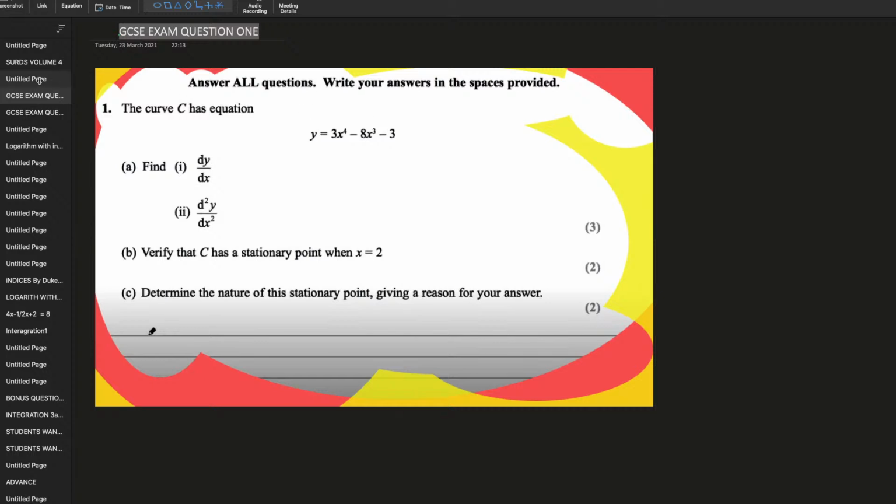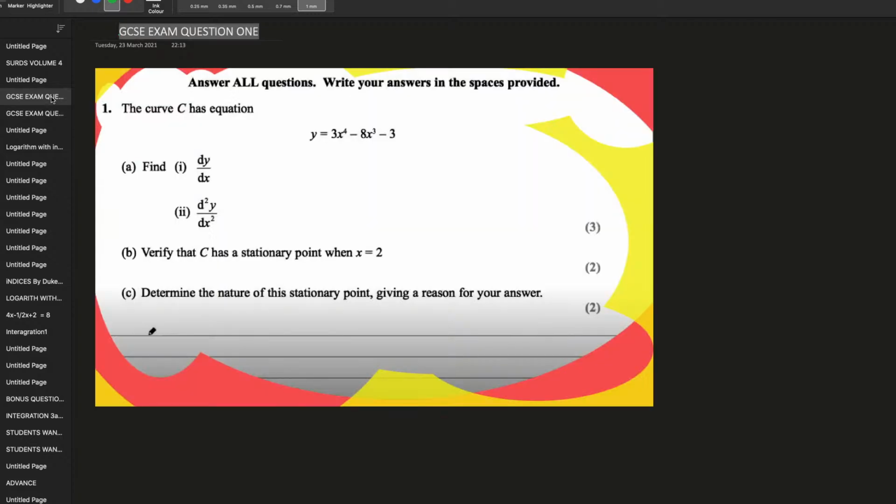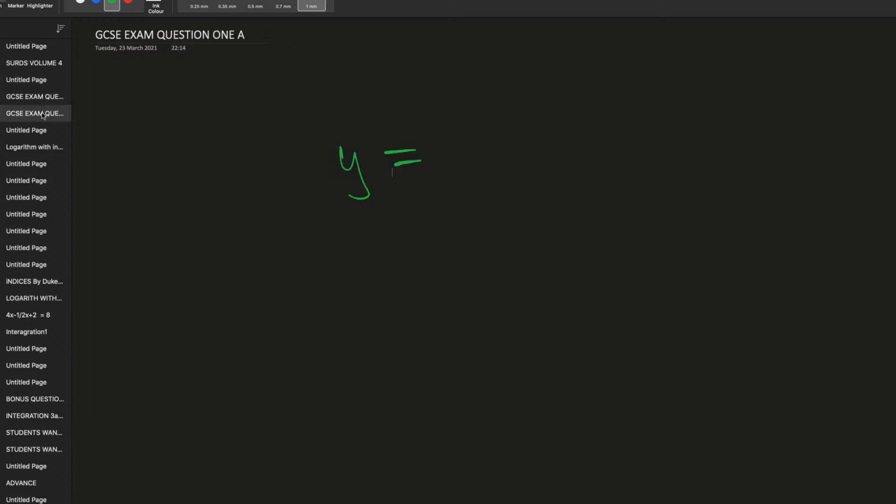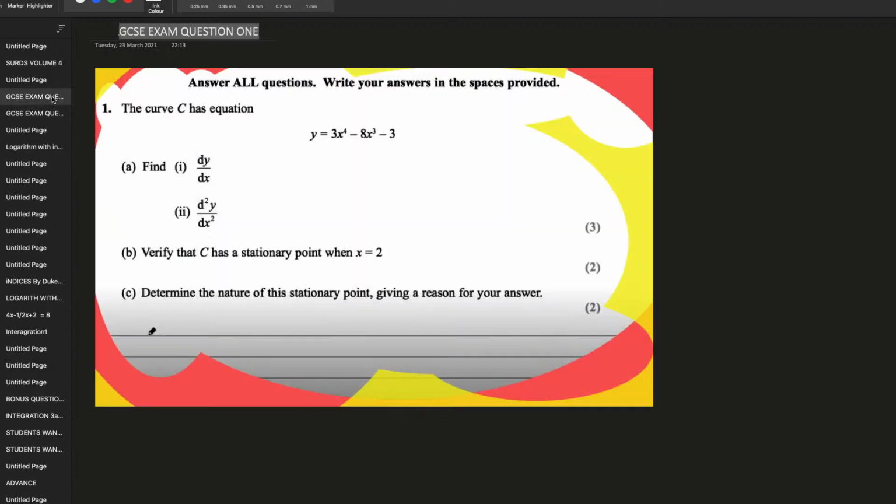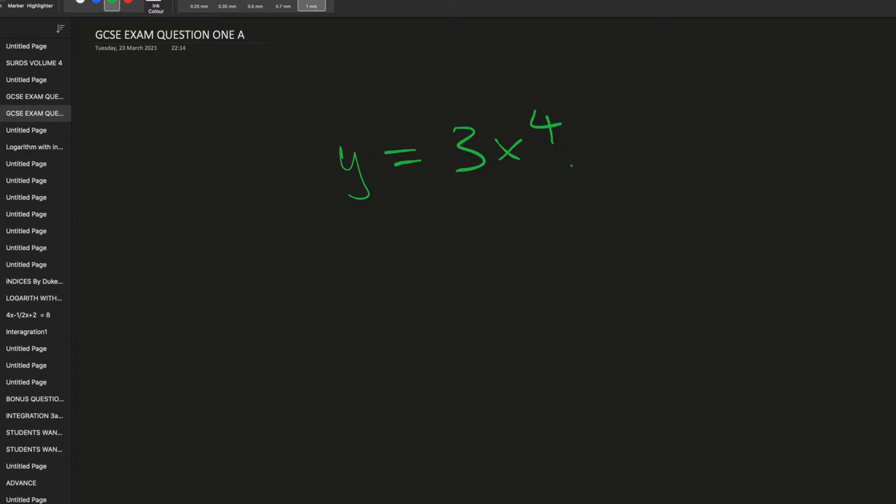Okay, the curve has an equation, let's see. y is equal to 3x raised to the power 4 minus 8x cubed minus 3. So our equation is y equals 3x to the power 4, minus 8x cubed, minus 3.